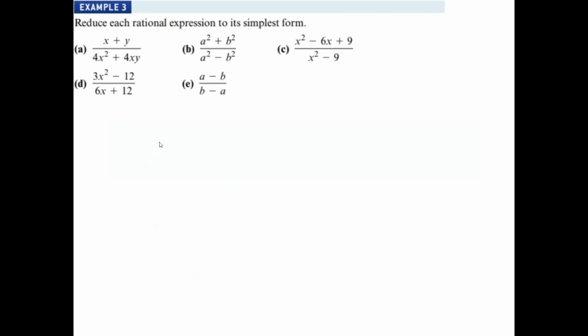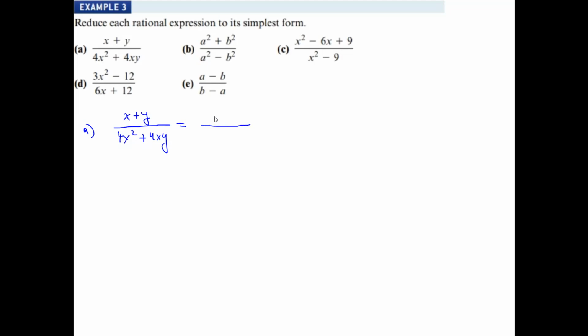So reduce each rational expression to its simplest form. As you see now, it's not factored. So what we have to do is factor it first, and if it's possible, reduce, right?